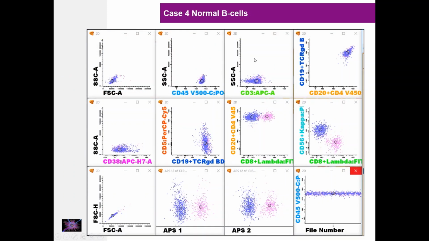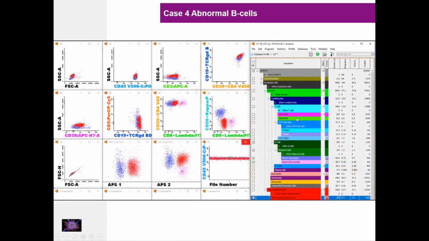Case number 4, we start with the normal B cells. As we can see here, the kappa and lambda normal B cells, and then we move to the alarm. We check the alarm in the B cells.